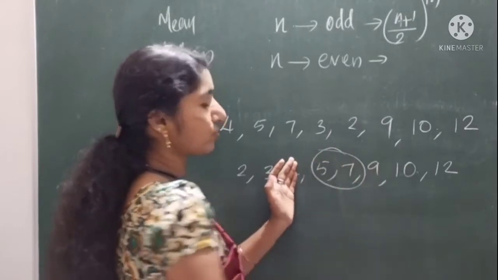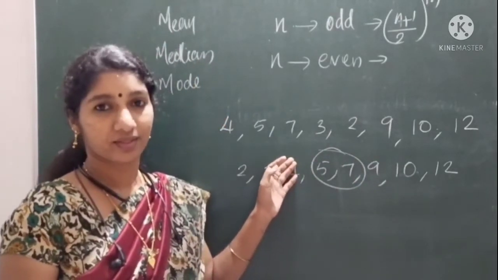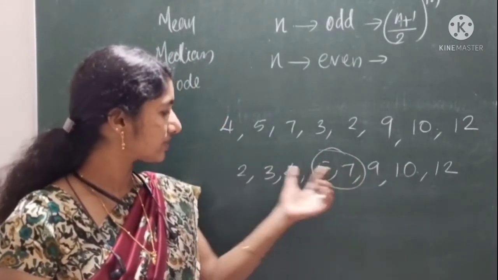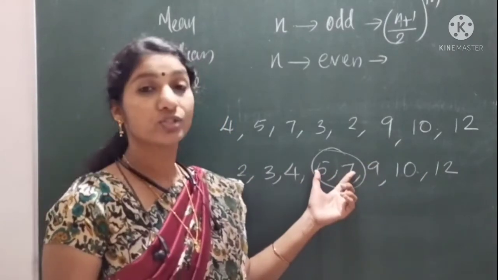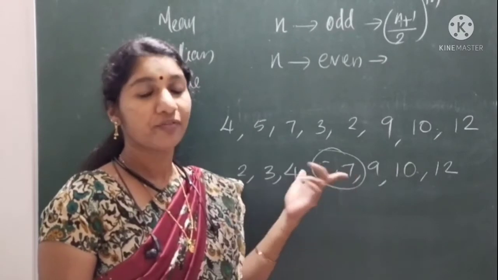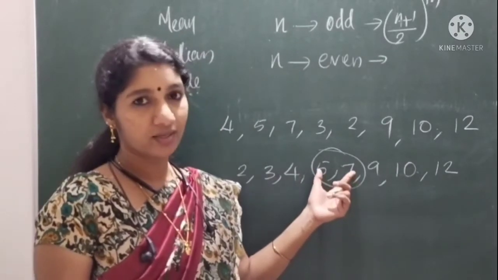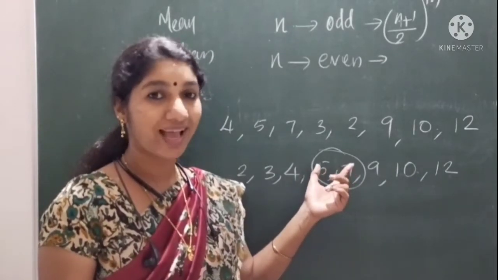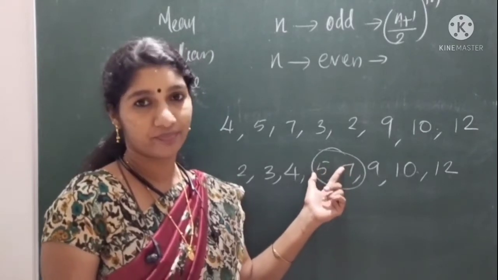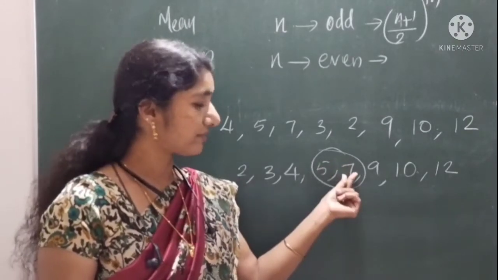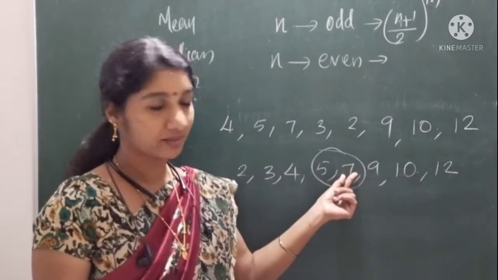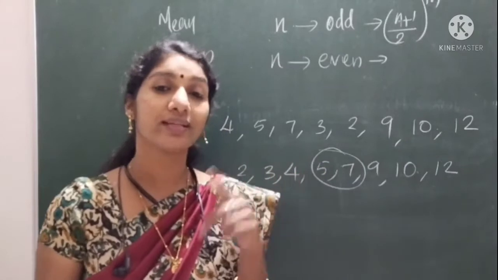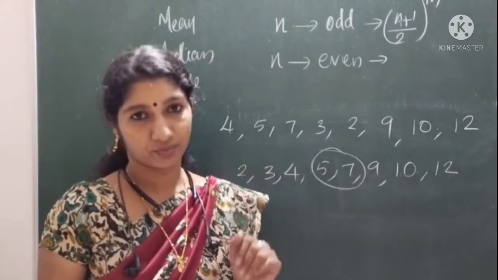So we get 2 values in the middle. Its left side has 3 values, its right side also has 3 values. If you get 2 values in the middle, you find the median as the average of these 2 values. That means (5 plus 7) by 2 is the median.